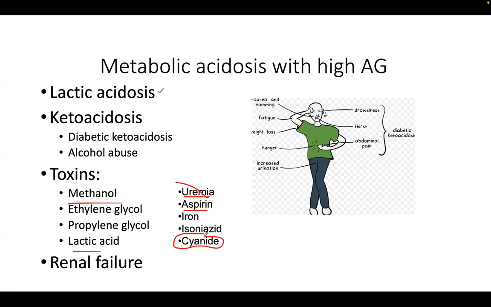Cyanide blocks complex 4, which is of course cytochrome oxidase. It's complex 4.